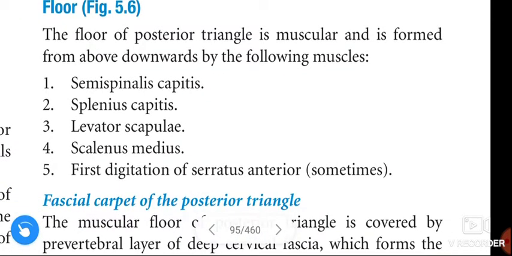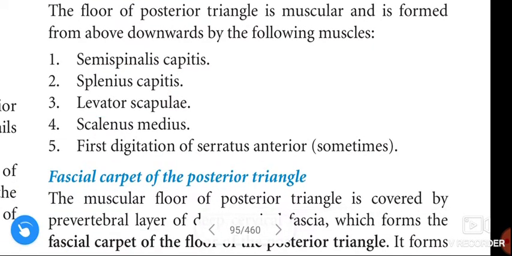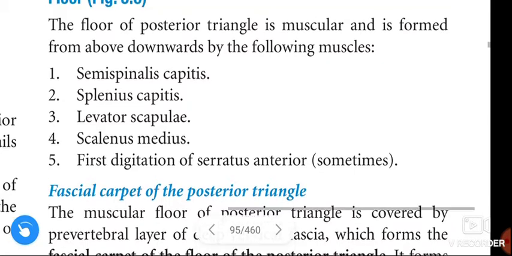See one by one: semispinalis capitis, splenius capitis, levator scapulae, scalenus medius, and first digitation of serratus anterior. It is only sometimes present.